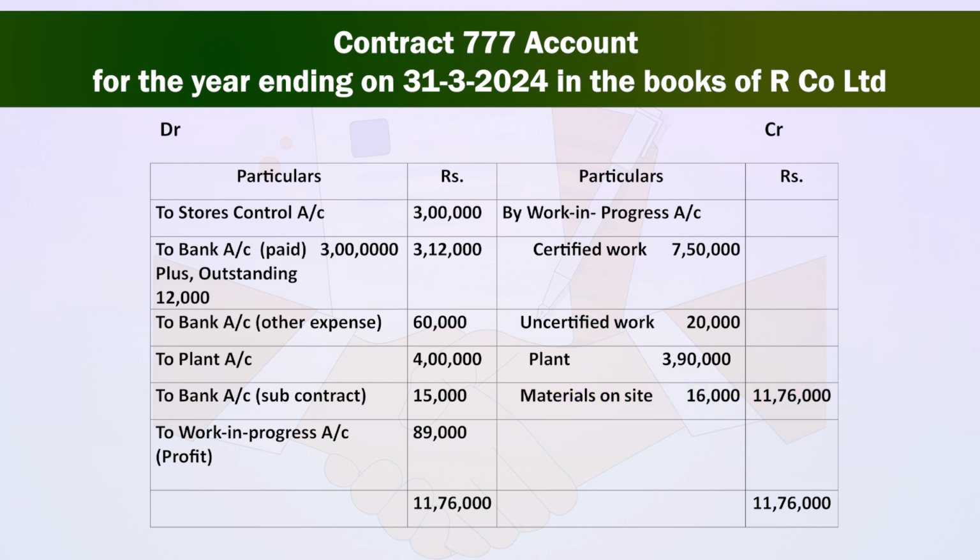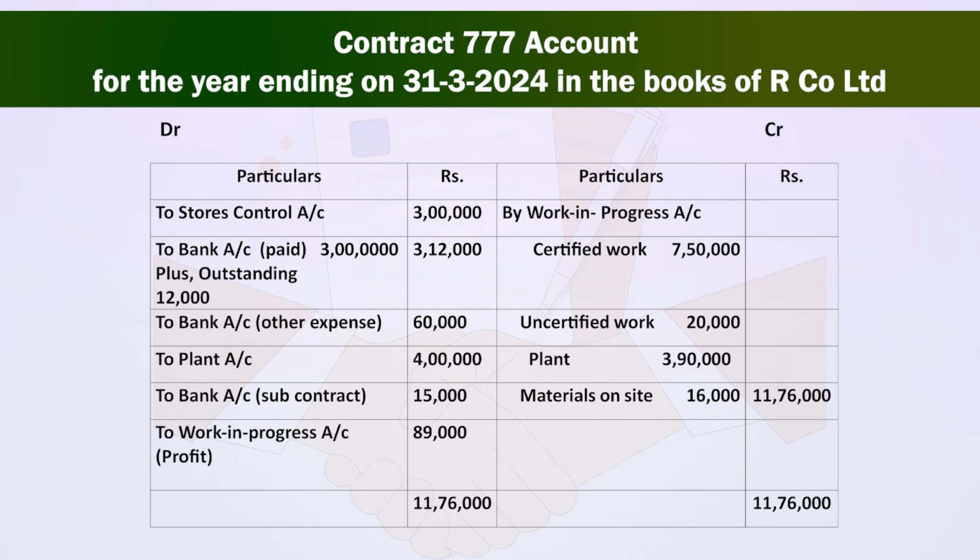11,76,000. On debit side, first entry is to stores control account rupees 3 lakh, to bank account paid rupees 3 lakh plus outstanding wages 12,000, giving total in outer column rupees 3,12,000, to bank account other expenses paid rupees 60,000, next to plant account rupees 4 lakh, next to bank account for subcontract amount rupees 15,000, as our total of credit side is greater than debit side.